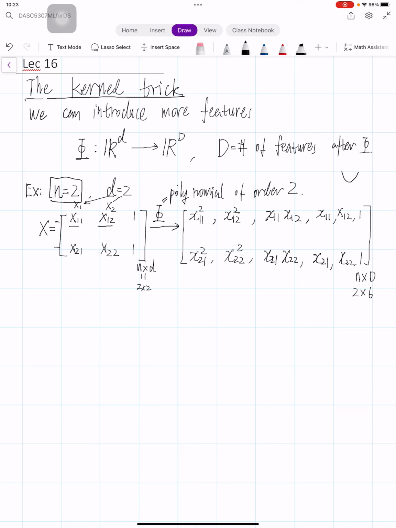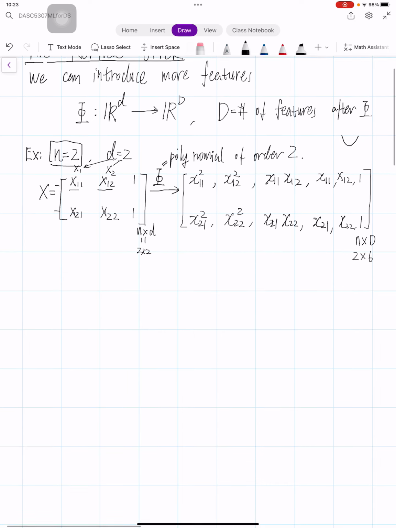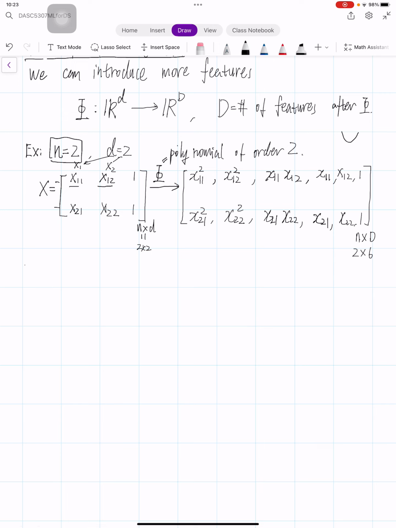By doing so, even if we have linear regression, we can capture nonlinear patterns of the data. But this technique could give a problem.